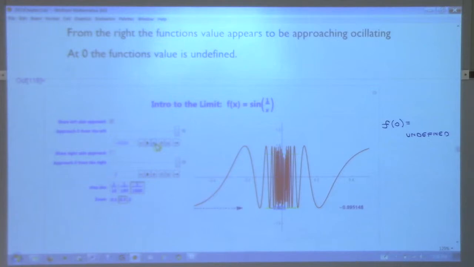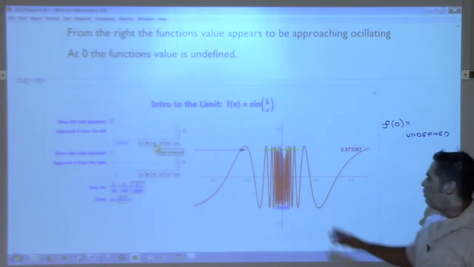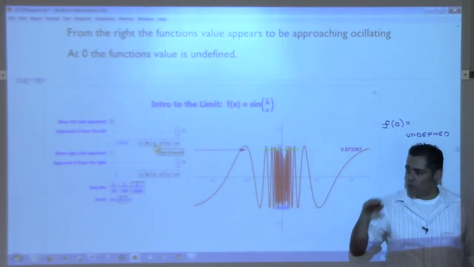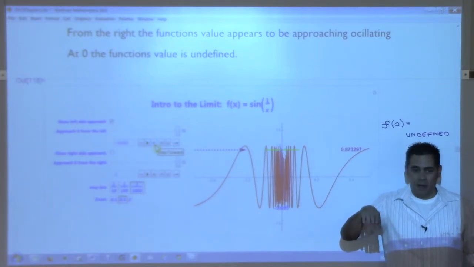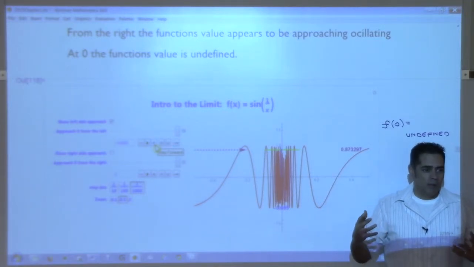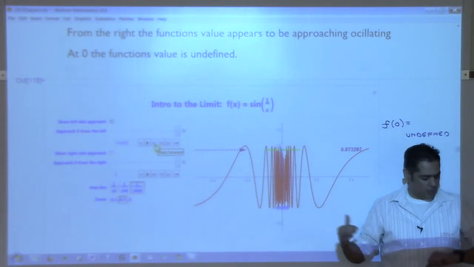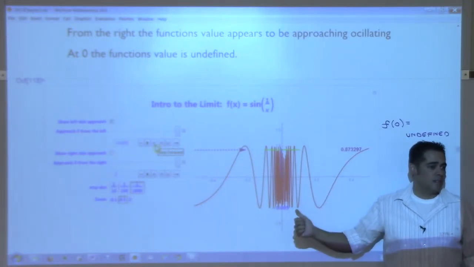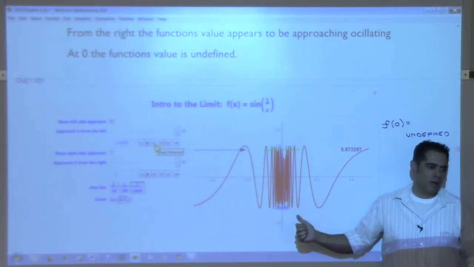See, it's not leveling off to anything. Therefore, from the left-hand side, it is not headed towards a specific number, and therefore, we will say later, I'll have the definitions up here, that this limit does not exist. So you got kind of a trick question there.